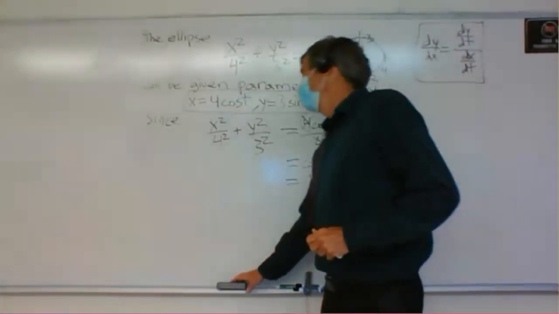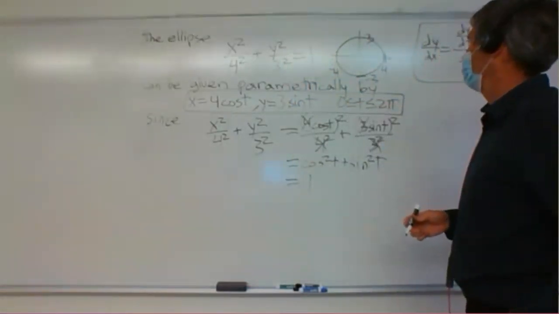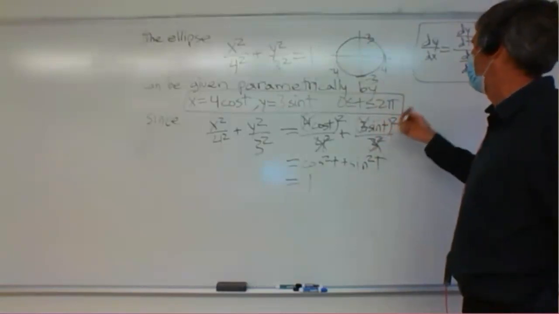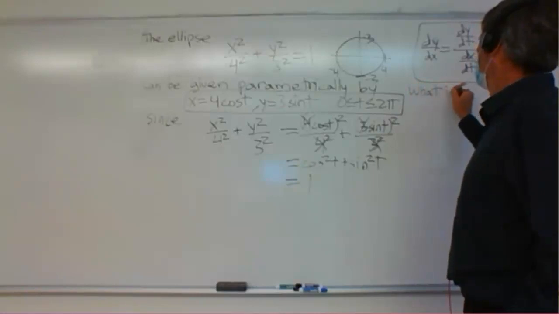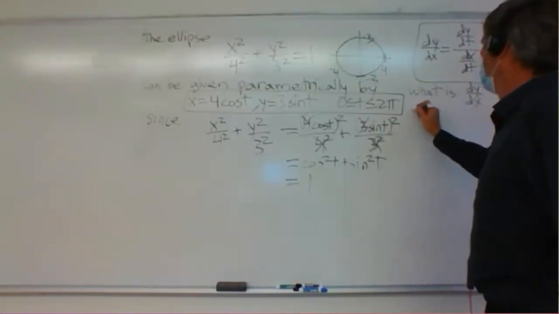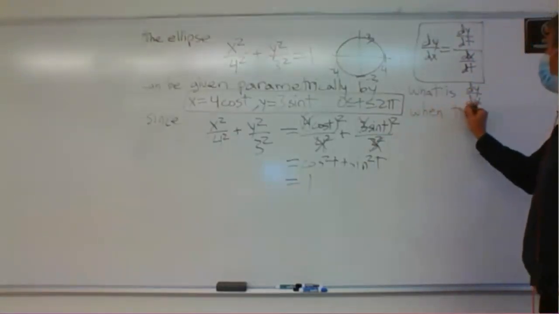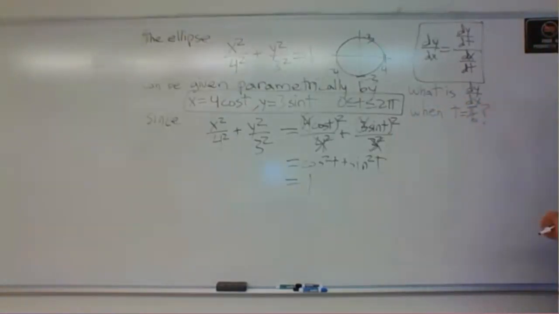And now, suppose I look at that and I say, what is the slope of the tangent line when t equals pi over 6? It's not actually the angle pi over 6 quite, but what is dy dx, the slope of the tangent line, when t is this nice easy number for calculating sine and cosine, at least, pi over 6? How about that?